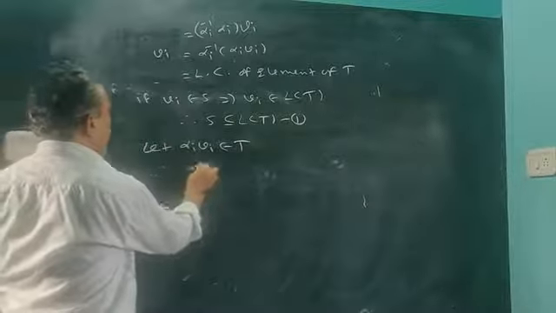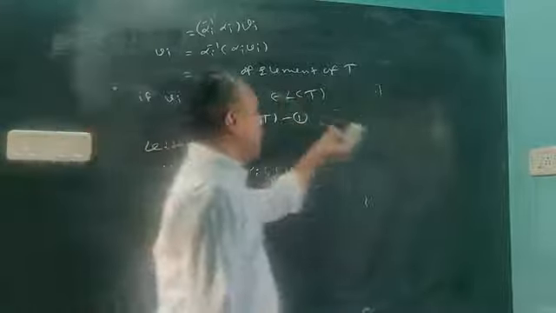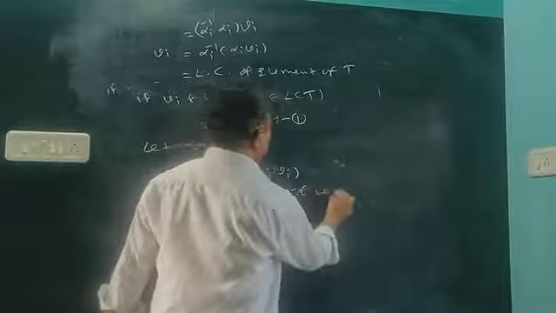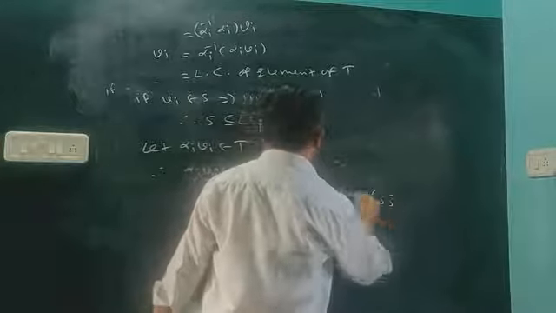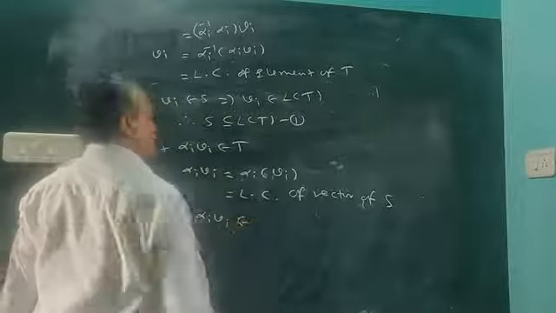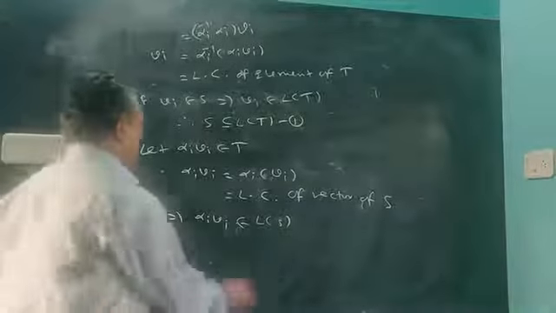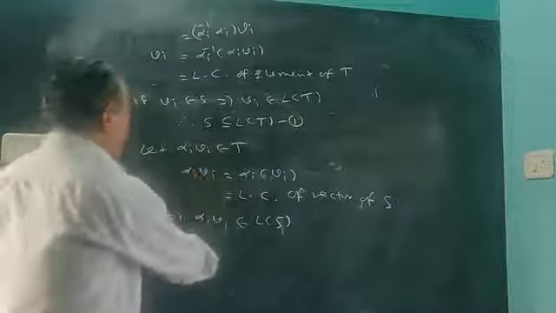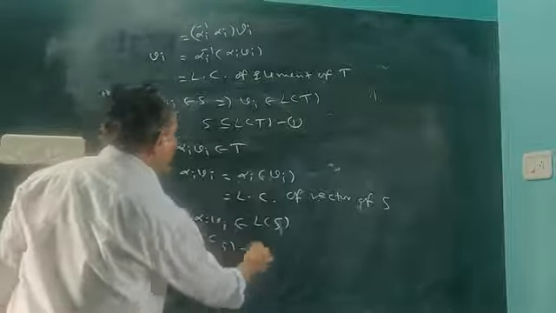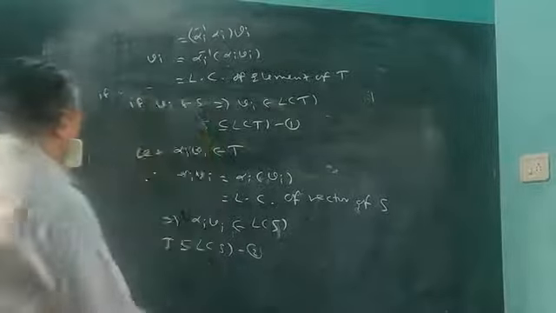So therefore, this alpha I Vi is expressed as alpha I into Vi, a linear combination of elements of S. That is, it is a linear combination of vectors Vi of S. Therefore alpha I Vi is an element of span of S, L of S. So this belongs to T and here belongs to L of S. Therefore, T will be a subset of L of S.